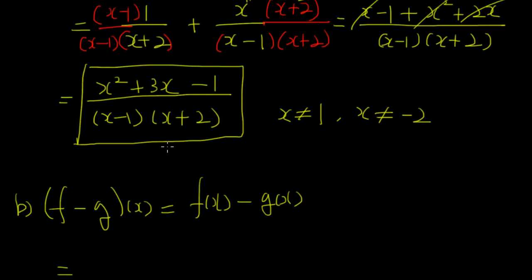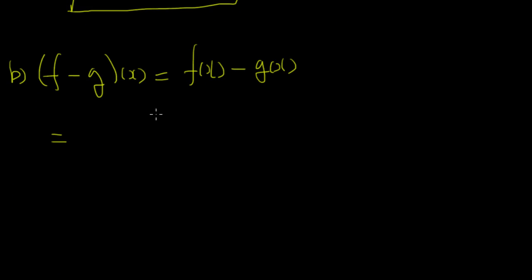So this was 1 over x plus 2 minus, this time, x over x minus 1, like this.